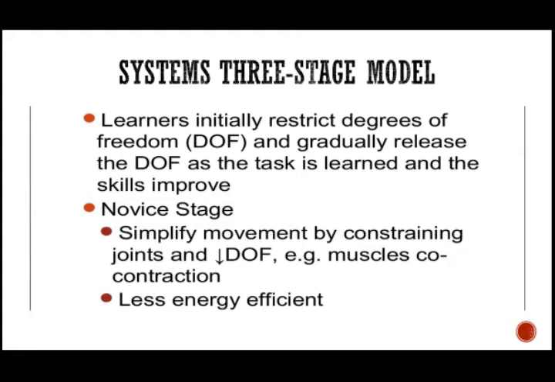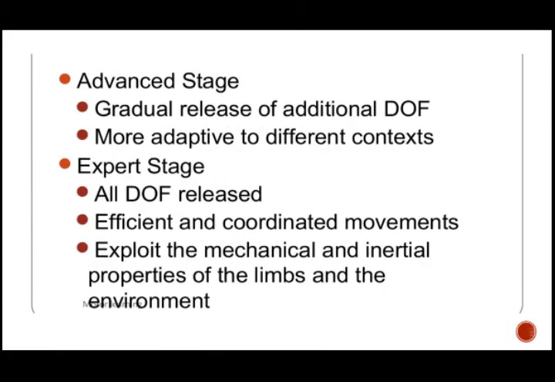Less energy efficient. Advanced stage: gradual release of additional DOF and more adaptive to different contexts. Expert stage: all DOF released, efficient and coordinated movements, and exploit the mechanical and inertial properties of the limbs and the environment.